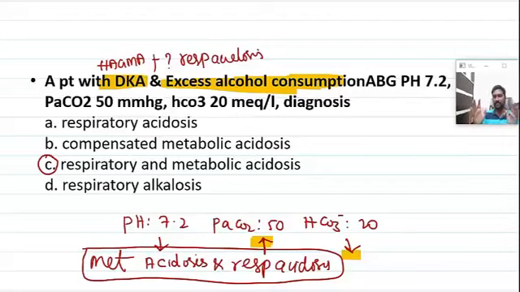DKA generally causes metabolic acidosis. Excess alcohol consumption can also cause metabolic acidosis. It can also cause respiratory depression and respiratory acidosis. So this patient can have both. Even the history is telling two disorders and given pH, PaCO2 and bicarbonate is also telling the same. Bicarbonate decrease is metabolic acidosis. CO2 increase is respiratory acidosis. So it is a metabolic acidosis and respiratory acidosis, a mixed acid-base disorder.